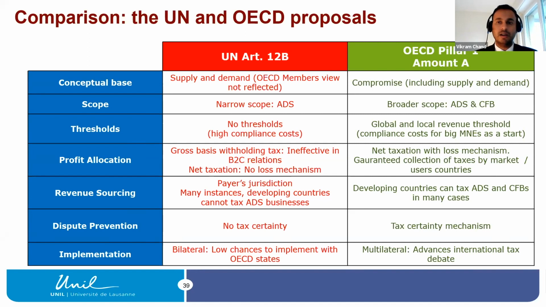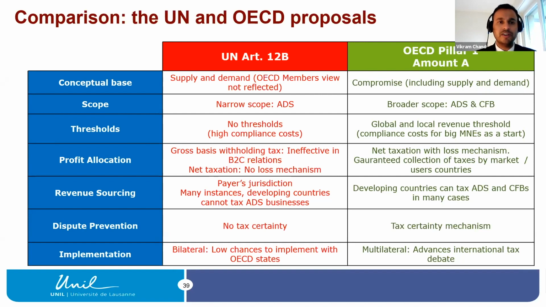And when I make a comparison with the OECD work on Pillar 1, there is a global revenue threshold and a local revenue threshold, and the OECD has indicated what the different thresholds are and what the implications of choosing one threshold over another are. And this is what we've been discussing on the MNE group threshold, starting from big and moving down to small.